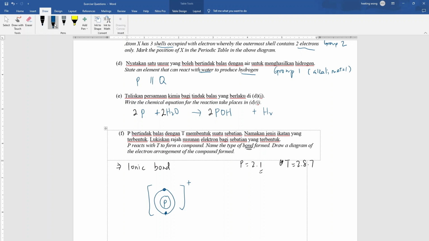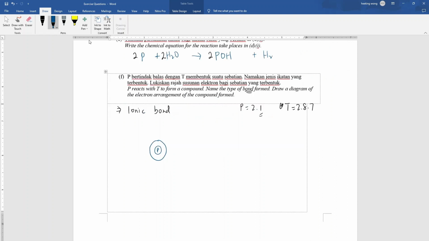Okay, plus T, why does it disappear? Okay, P. Okay, then T is 287, so it becomes 288, no?